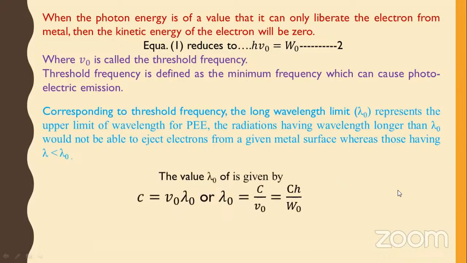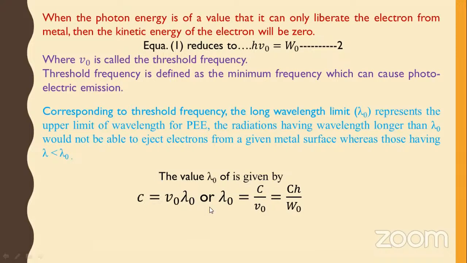Next, the equation for lambda naught, which was given in the initial classes, that is 8th, 9th, 10th, where c equals nu lambda, or v equals nu lambda.